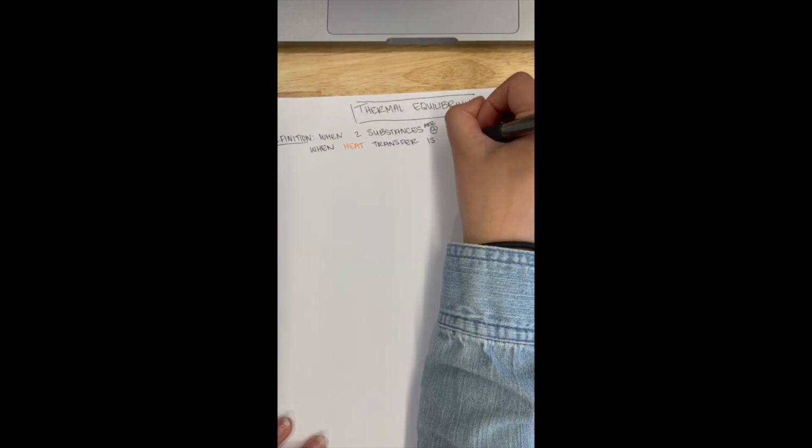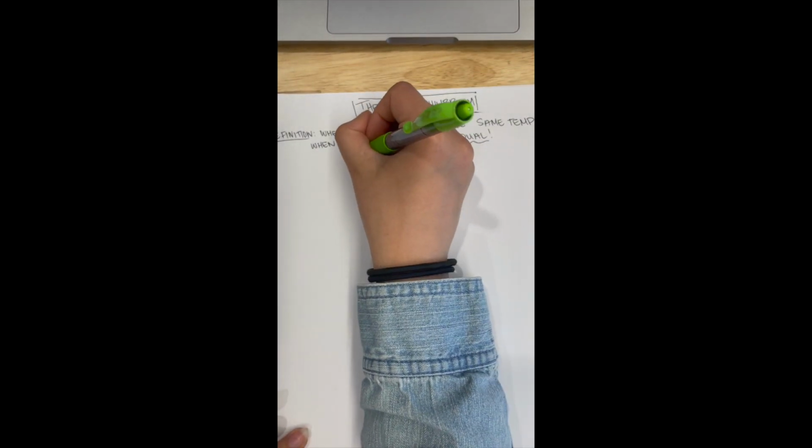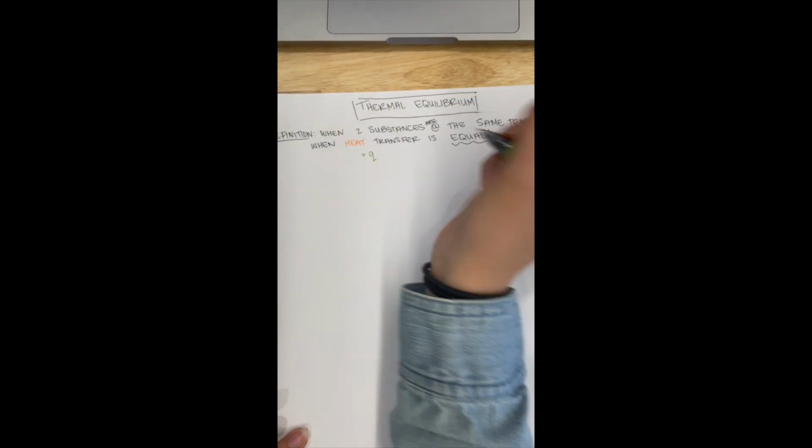So there's a point where, if you put your hand on the bench top and it's cold, at some point after you've left your hand there for a while, it's no longer going to feel cold to you. And this is because you've reached equilibrium, which is where the heat transfer between your hand and the bench top becomes equal. So what we say is that this is where we use the variable Q.